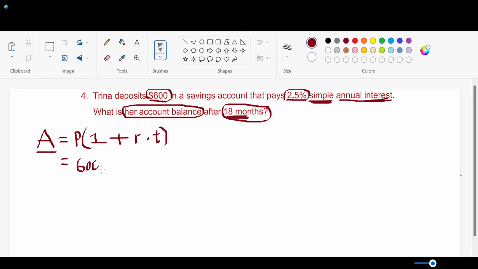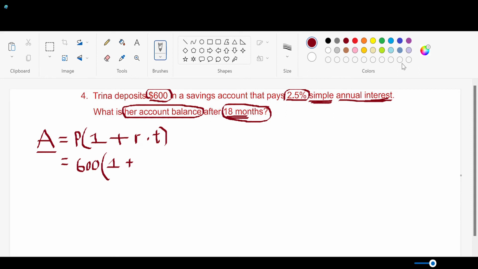$600 for P, and it'll be 1 plus the rate. The rate here is the interest rate, and the bank pays her 2.5%. Don't just put 2.5% here. Remember, 2.5% is 2.5 out of 100.